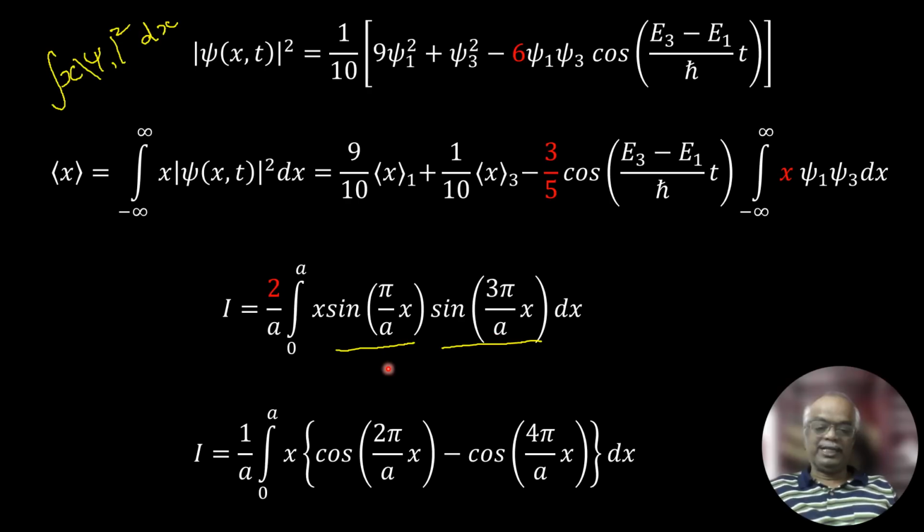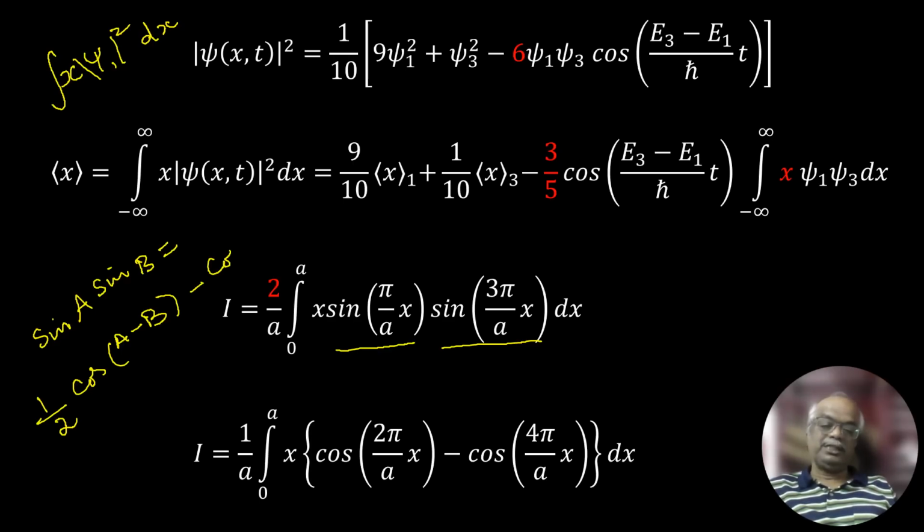We have to find this. Here you can use the formula sine a sine b is equal to 1 over 2 cos (a minus b) minus cos (a plus b).